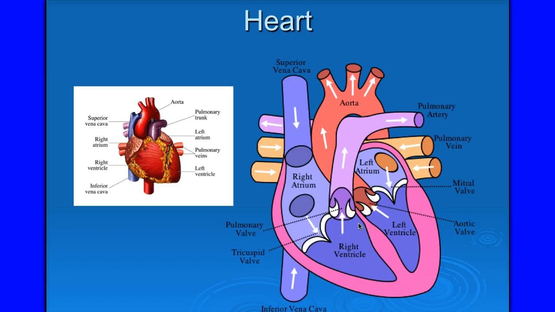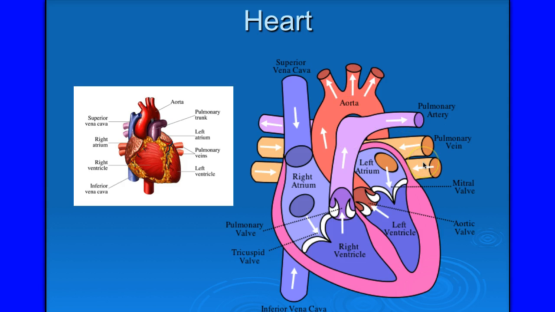And then you have veins and arteries in the heart. If you notice, the blood enters here off to the side through these veins. So veins bring blood to the heart, and you'll notice that it comes into the vein, down the atrium, into the ventricle, and then it leaves out of the heart through the arteries and the aorta.